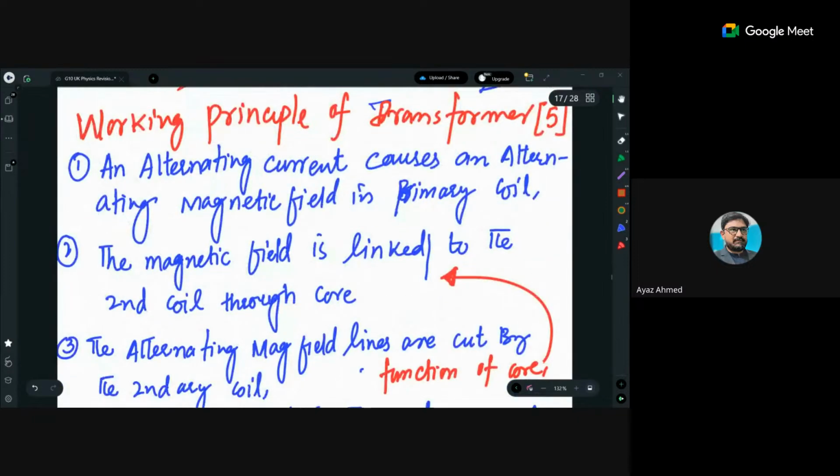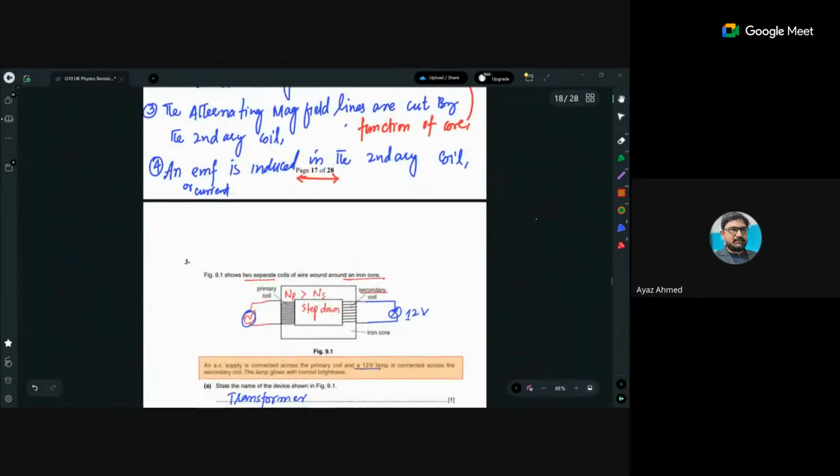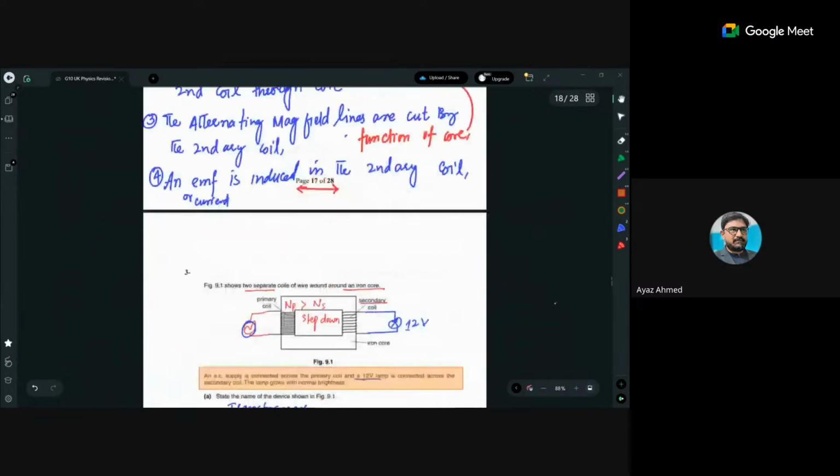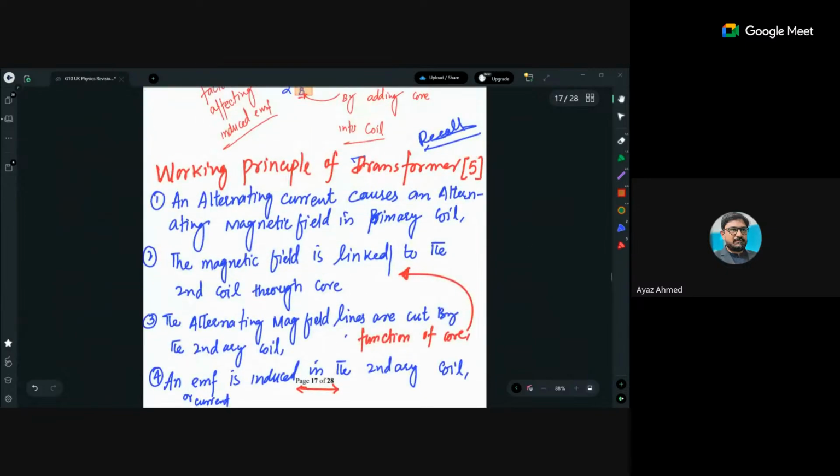I had you write the working principle of the transformer here because there would be a question ahead which was dealing with the transformer. This is that transformer. In the transformer, I told you that you have to remember these 4 points. The working principle of the transformer is that an alternating current causes an alternating magnetic field in the primary coil. What is the property of alternating current? Alternating current varies. When current varies, it produces a variable magnetic field in the primary coil.